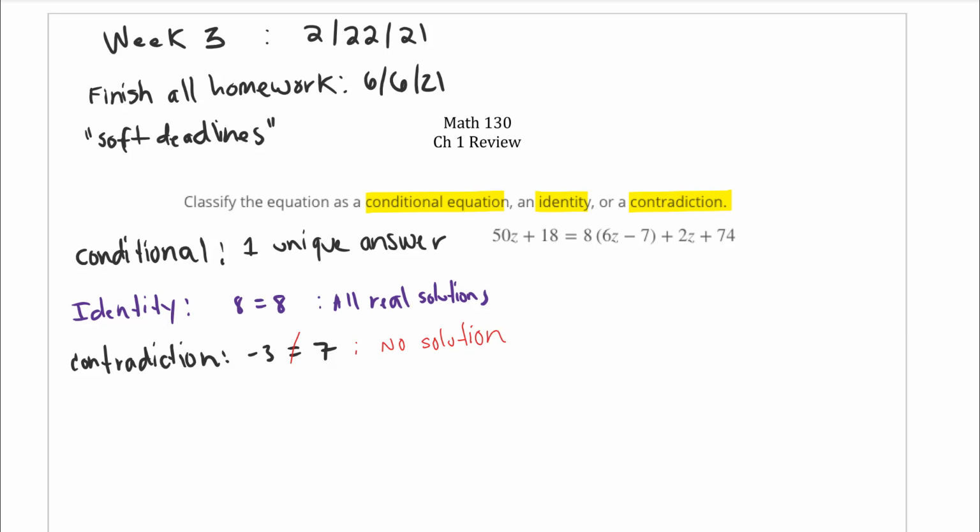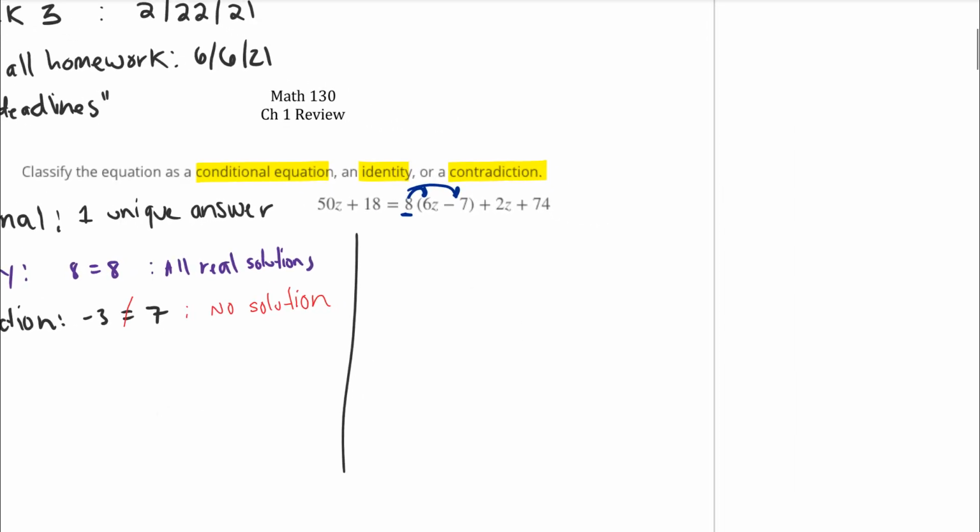So let's see what happens when you're looking at this particular problem. So I have 50z plus 18 is equal to 8 times 6z minus 7 plus 2z plus 74. So what I want to go ahead and do is just make sure that I distribute this positive 8 inside my parentheses. So everything else is going to get copied down. So I'm going to go ahead and rewrite the equation over here.